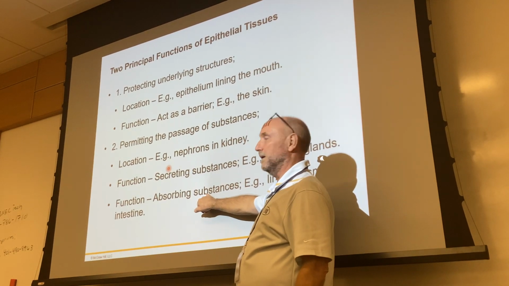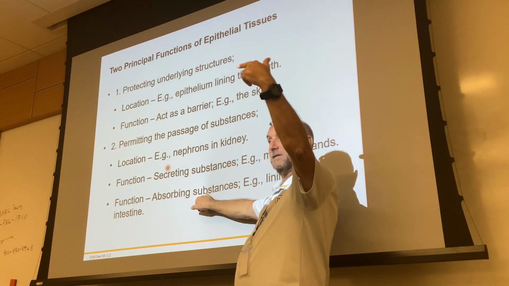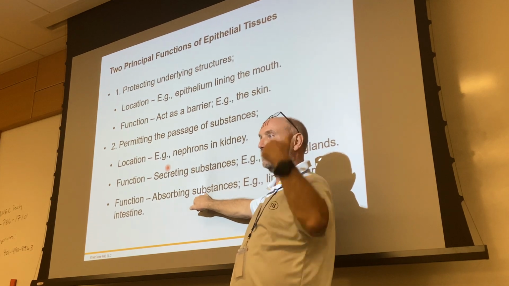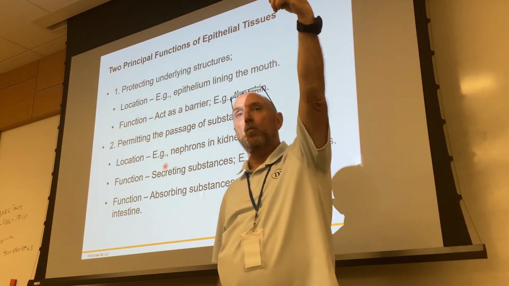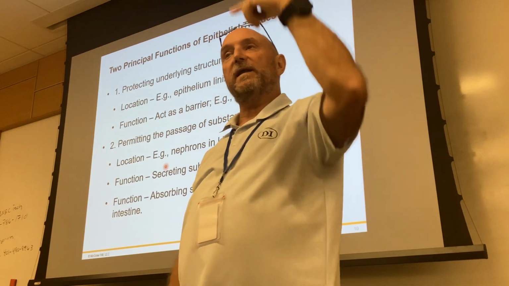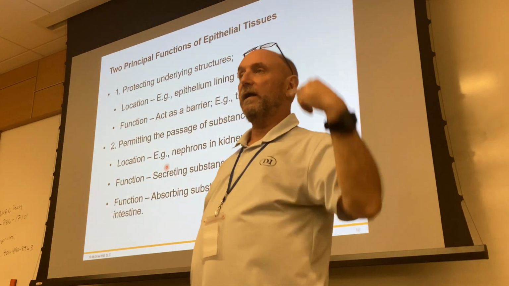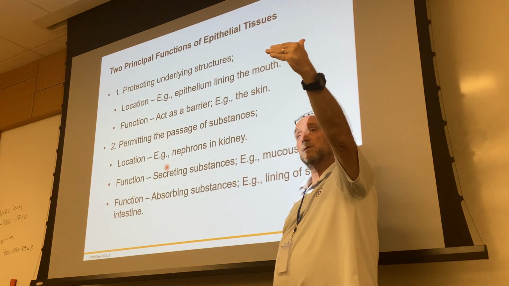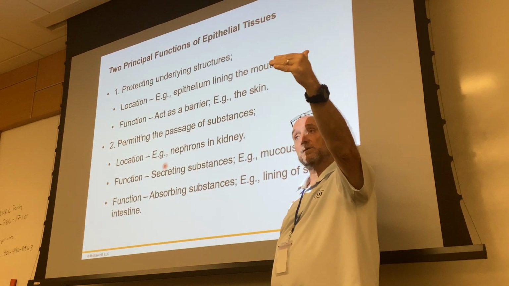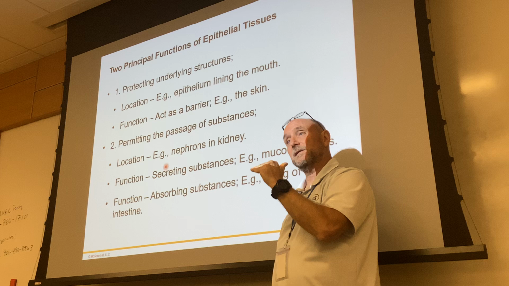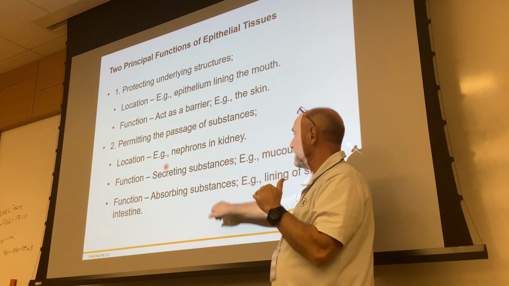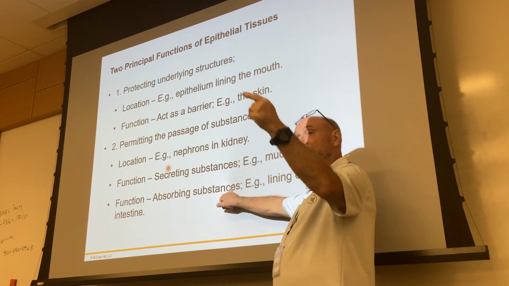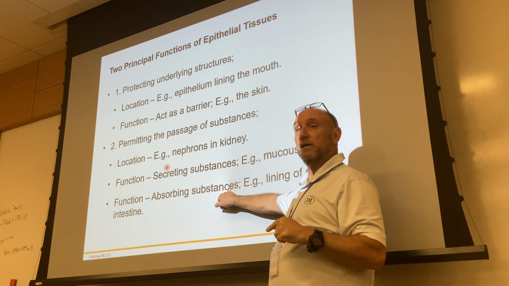If you're absorbing, all that is in the opposite direction. You still have to get from the space into the cells, and then it goes elsewhere. So for instance, oxygen is in your lungs, oxygen's in the space. Oxygen has to get across that cell membrane into the cell, it has to be absorbed, and then it has to go elsewhere in the body.